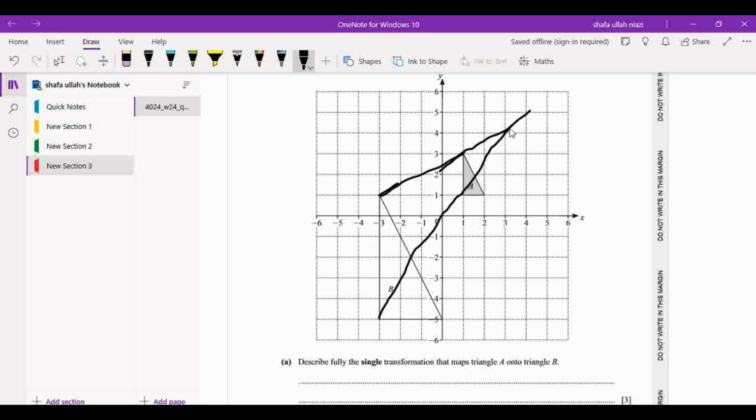These two seem to meet at this point. If you do it with the ruler and compass, then you can see that I did it on the page. It comes out to be 3, 4.